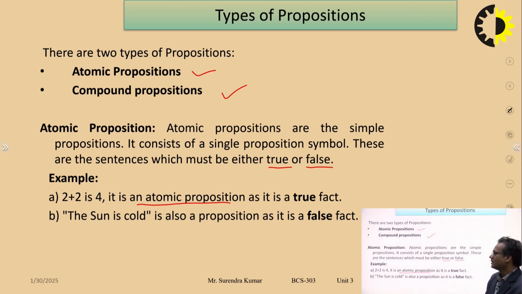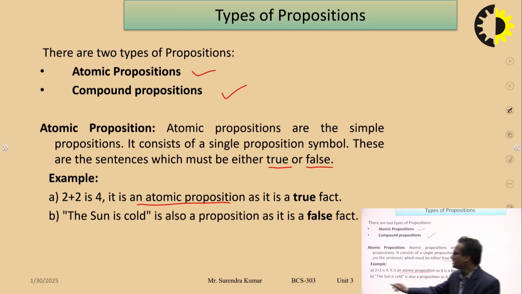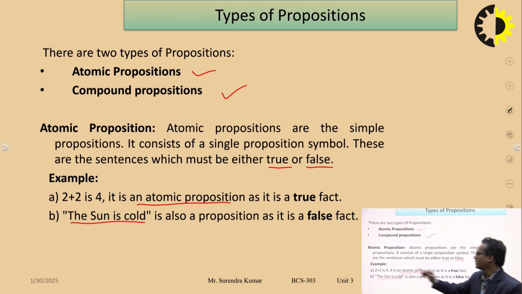Again we take another example, the sun is cold. We all know the sun is not cold, so it is a false fact, but still it is a proposition. So these two are atomic propositions.